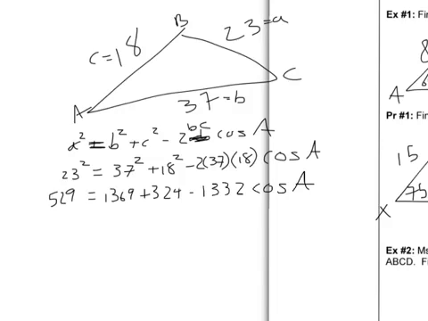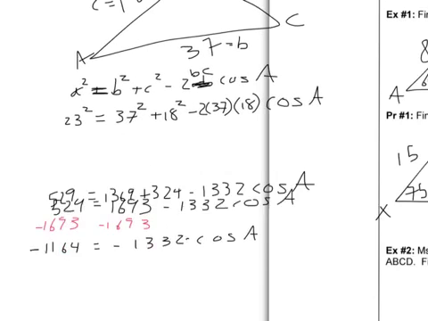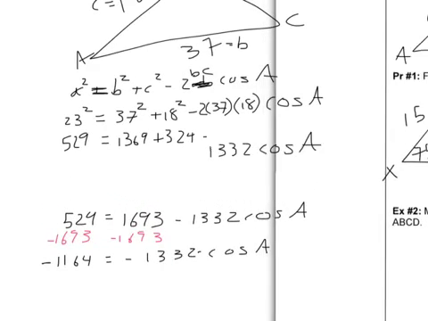So 1369 plus 324 is 1693. We can write that all out and subtract that from both sides, which gives us, I'm sorry, a negative 1164 equals negative 1332 cosine A. Remember, this 1332 is multiplied by the cosine A. So let me move everything around here so we can keep working on it.